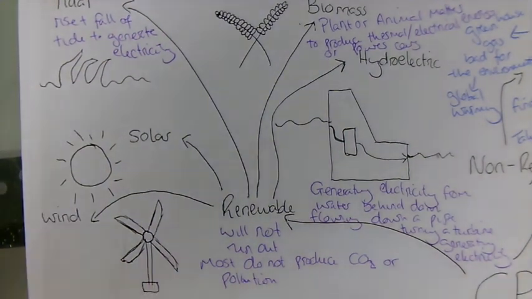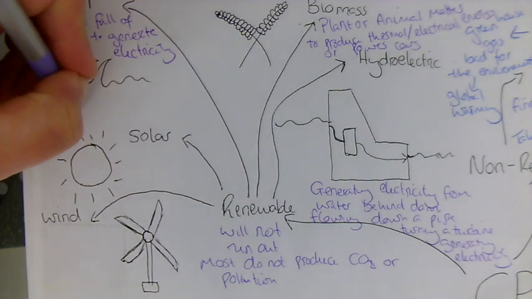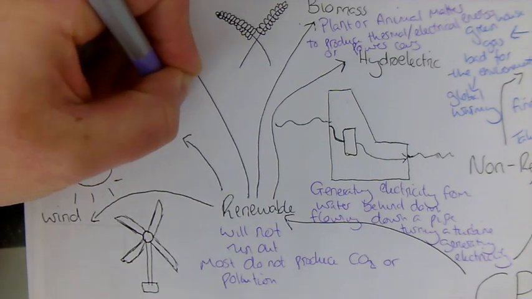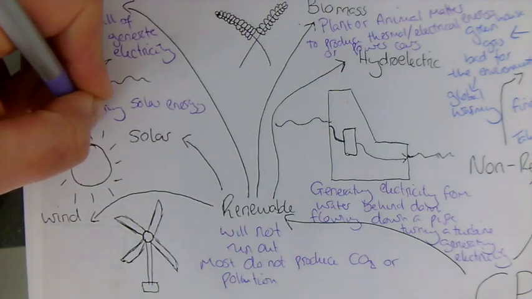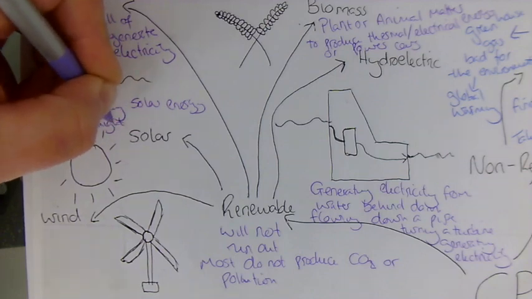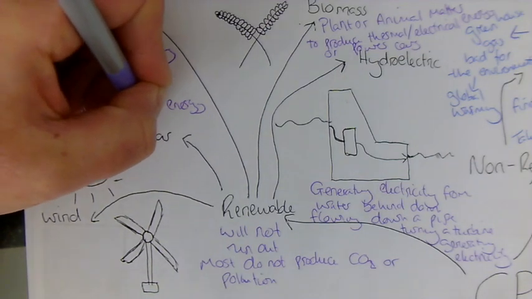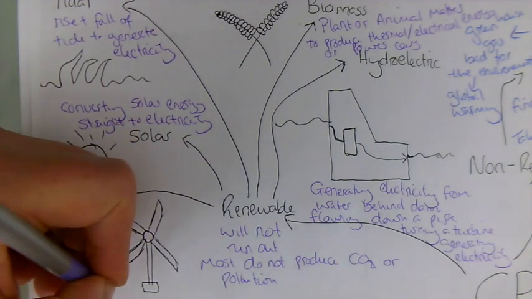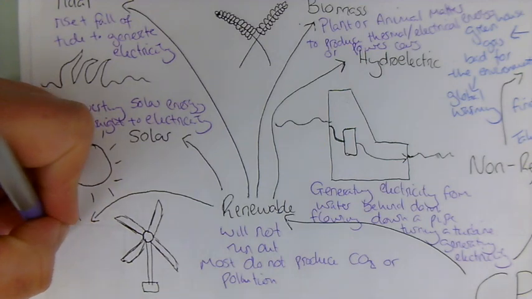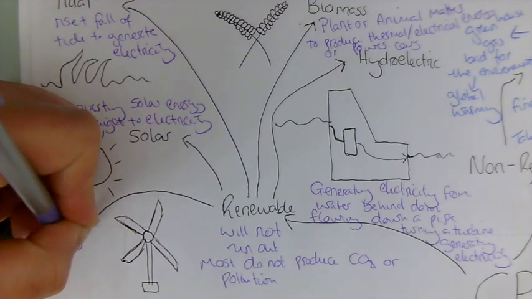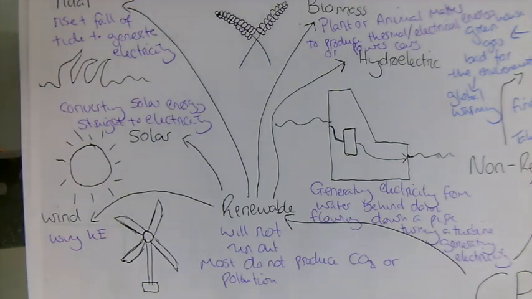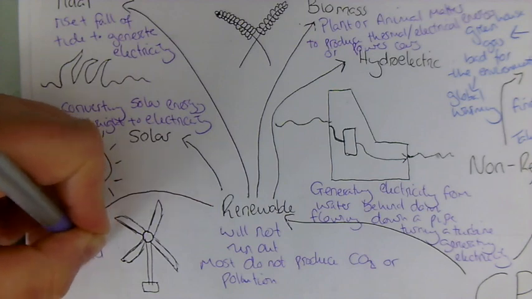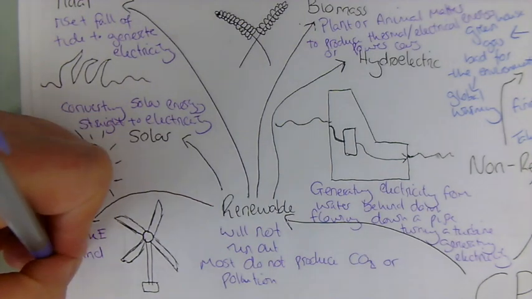The next one we've got is solar, and that's converting solar energy straight to electricity. And the last one is wind, using kinetic energy, KE, of wind to generate electricity.